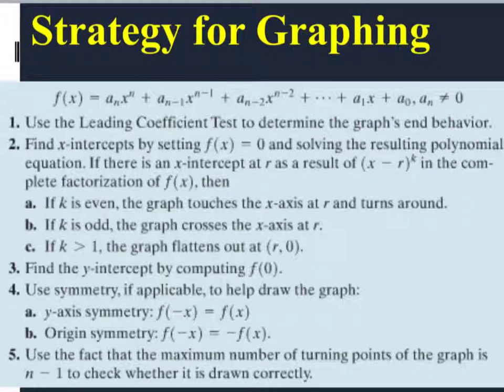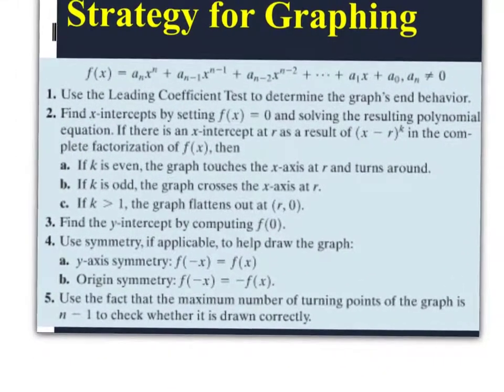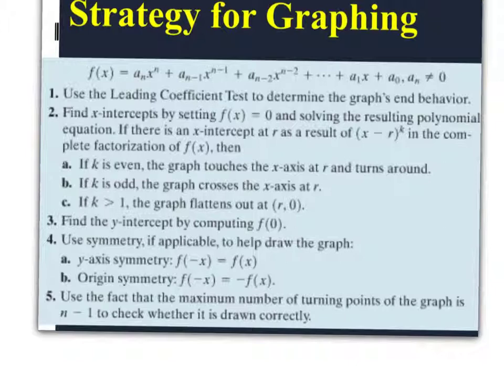Alright, so this strategy, I kind of already implied it when we were doing the previous exercise. Remember, the first thing you want to do is determine the end behavior of the polynomial. Find your x-intercepts. Find any y-intercepts. Then determine if there's symmetry to help in creating that graph. In the previous exercise, I determined there was no symmetry, so that's why I made it a little disproportionate.